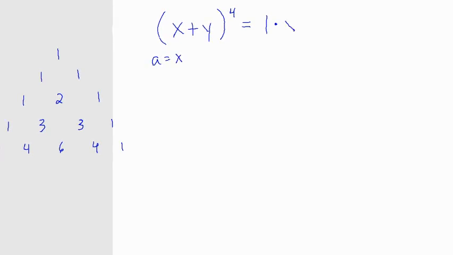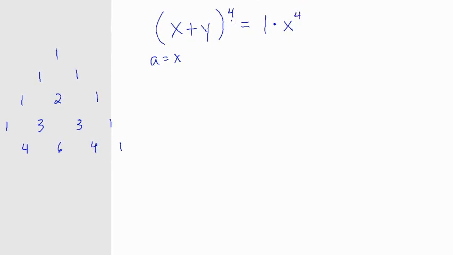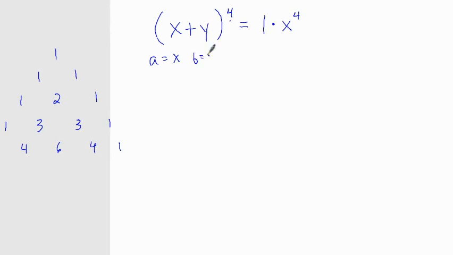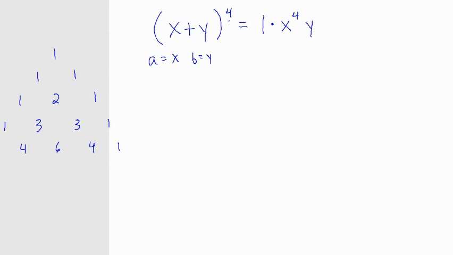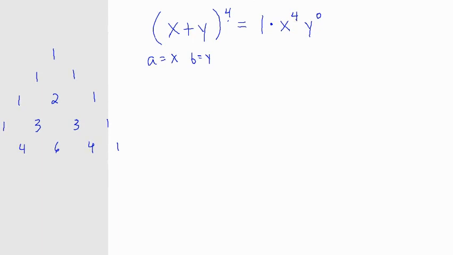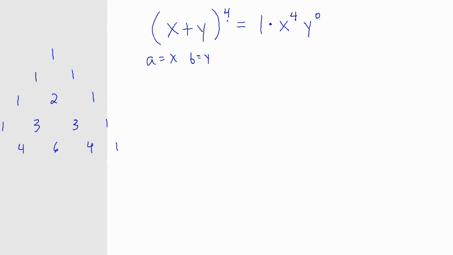So I'm writing x, and remember this term gets the power of whatever is initially in this exponent. So that's x to the power of 4. And then b from the initial formula would be y. And this always starts off with a power of 0. Now, before we go any further, do these exponents add to the original exponent of 4, and they do. So we're good so far.